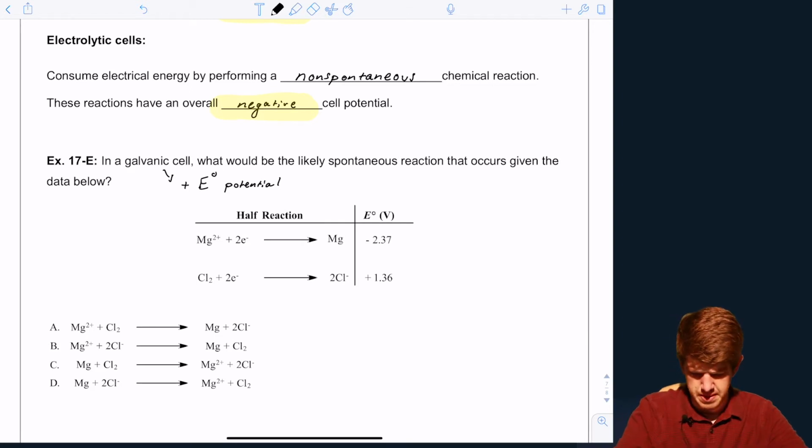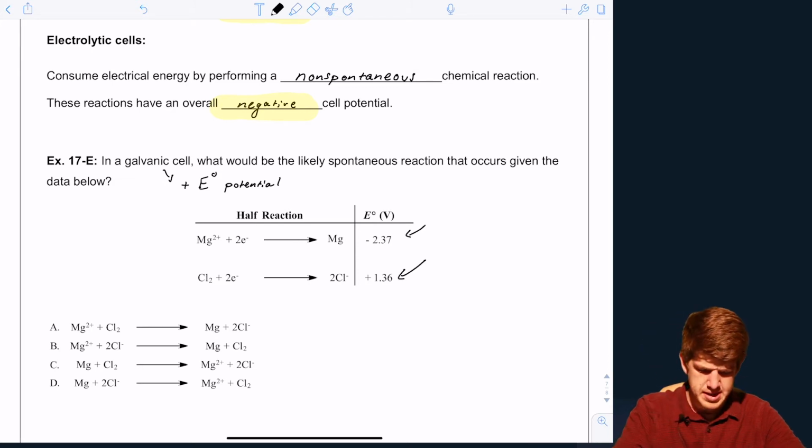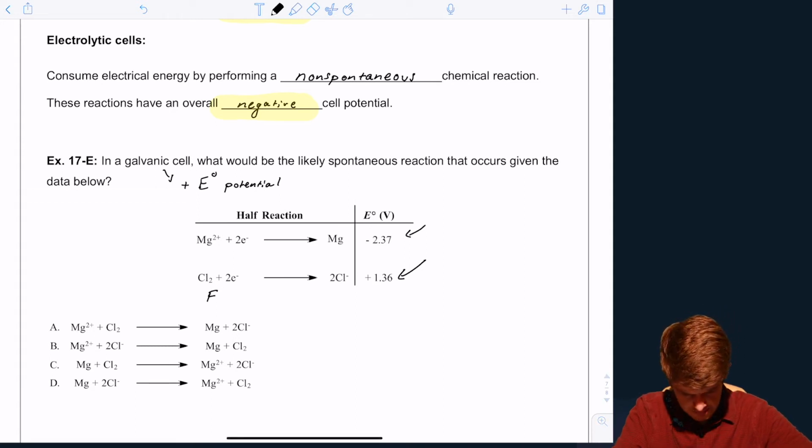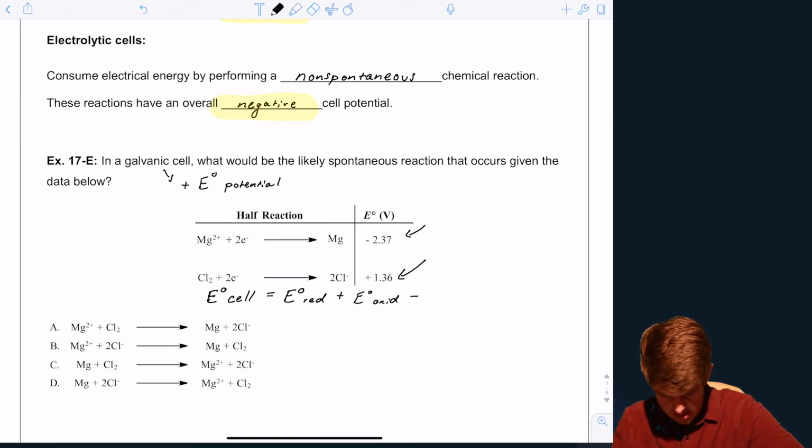They have reduction potentials associated with them, and I need to know how I can get my reduction and oxidation potential to be a positive number when combined. So I need E cell, E reduction plus E oxidation, to be positive.